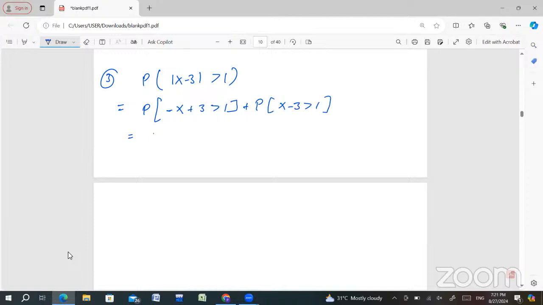So we can write it as minus x greater than minus 2, x less than 2, plus probability x greater than 4. Sorry, it will be 4.